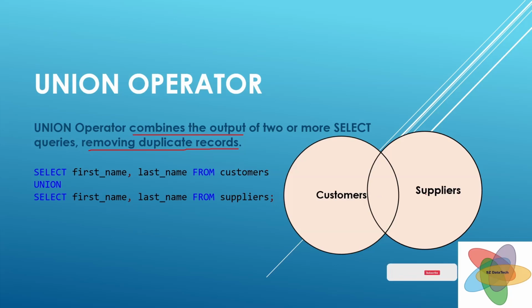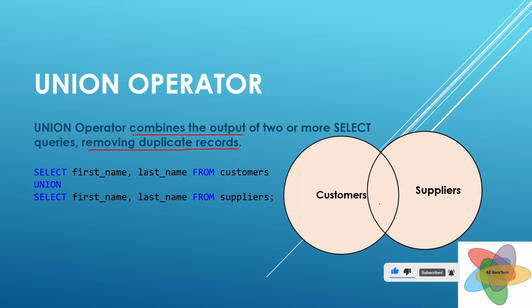Both tables have common columns like first name and last name. In union operation we are combining the output of customers and suppliers. When combining these tables, there are chances that we may have some common records which are the same in the customer as well as the supplier table, and that's the reason this area is showing the common records.